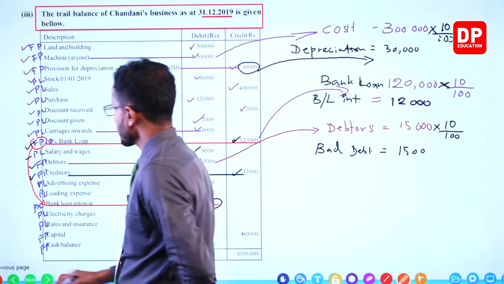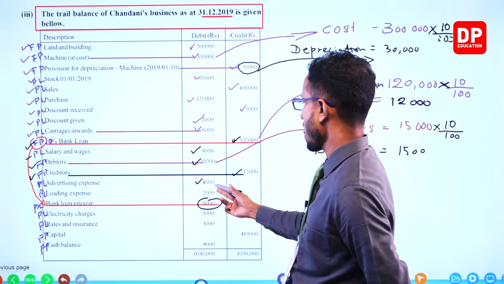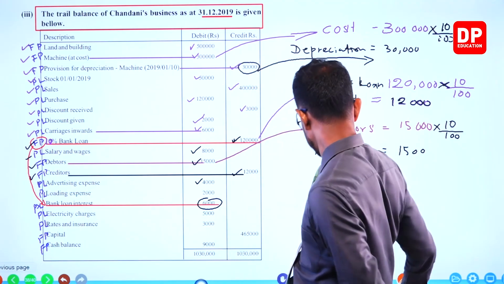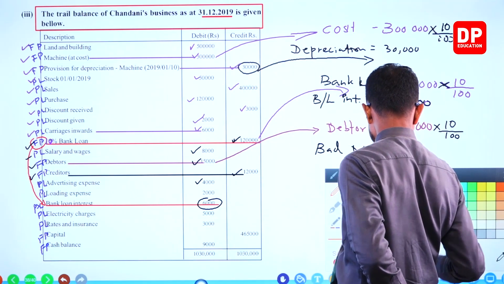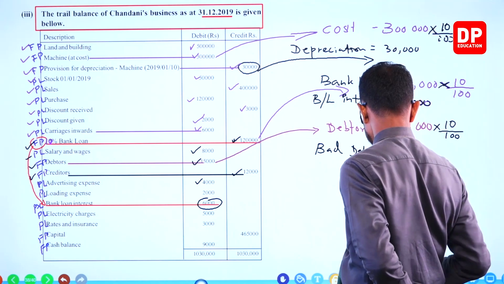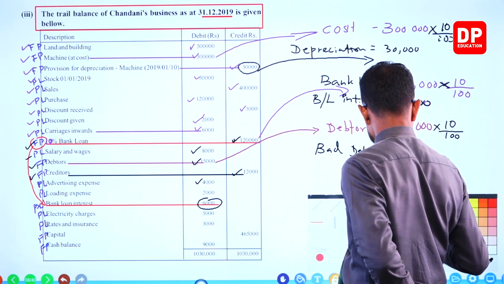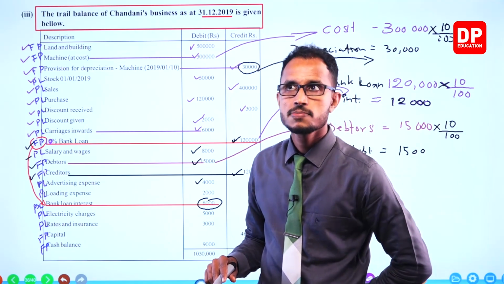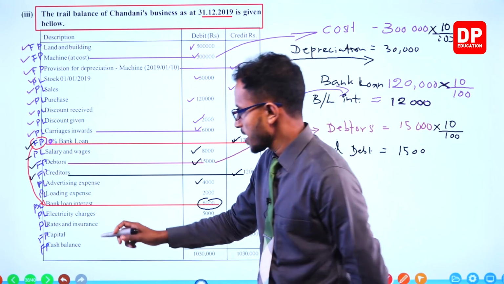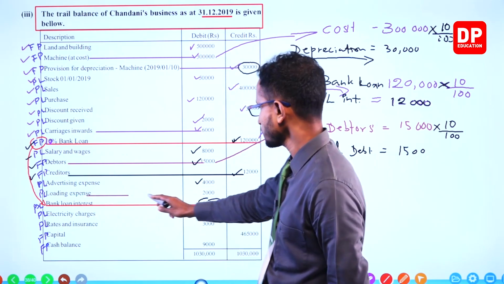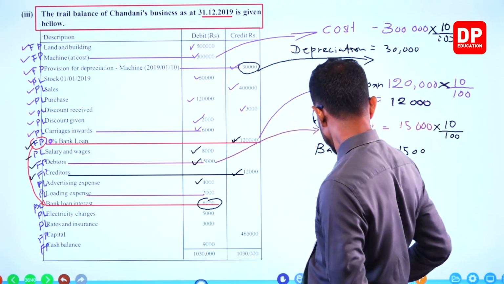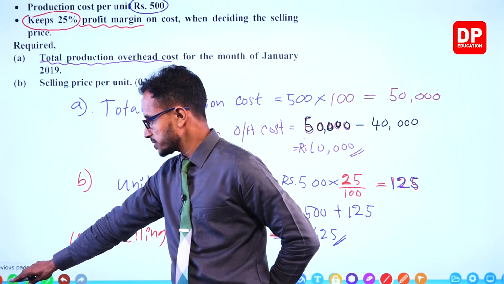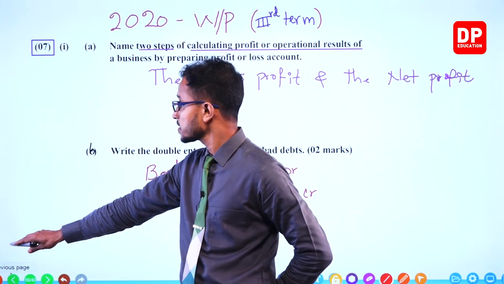Then loading. Oh my god. We have another purchase related expense, that is loading, 2,000. Have to put it under purchases.